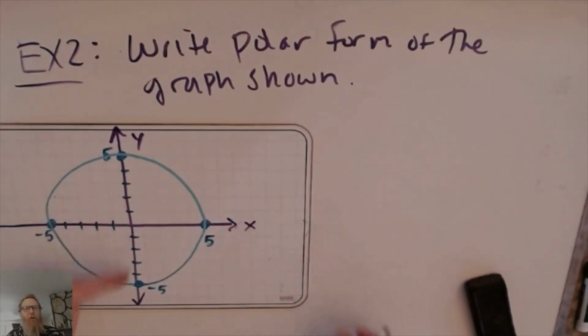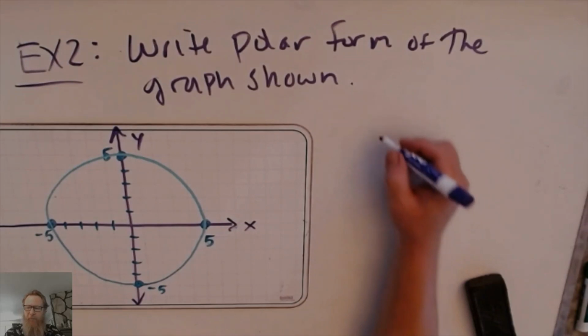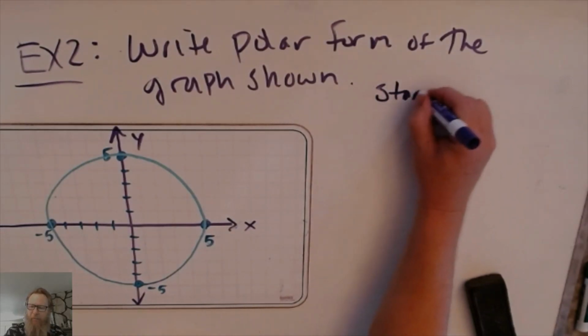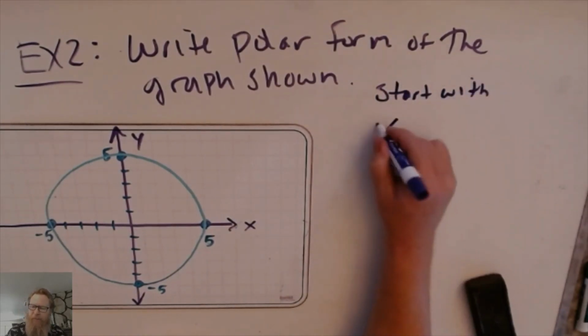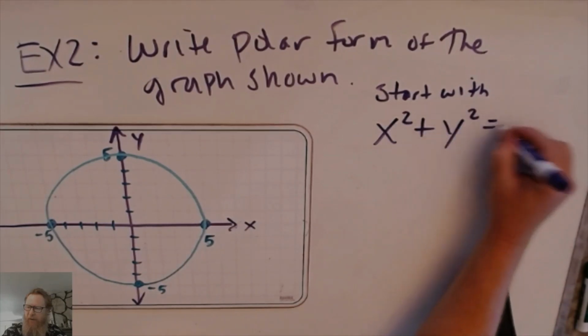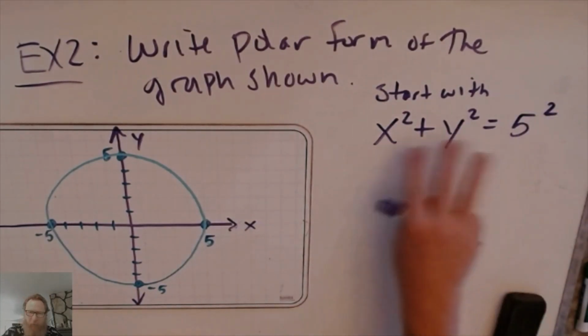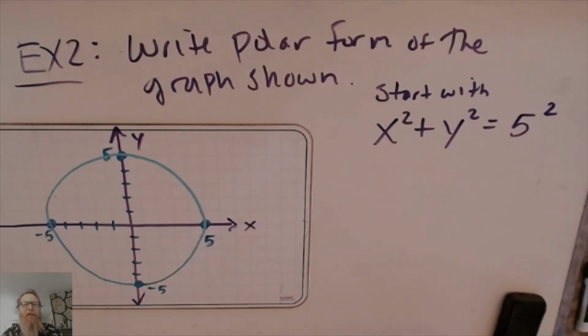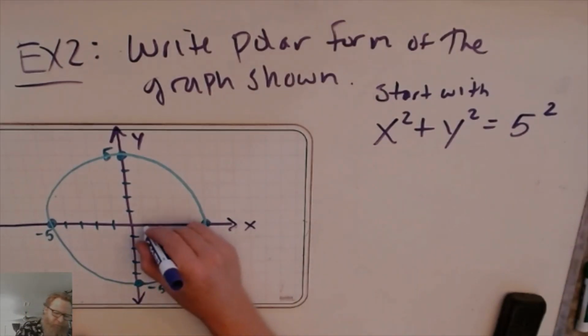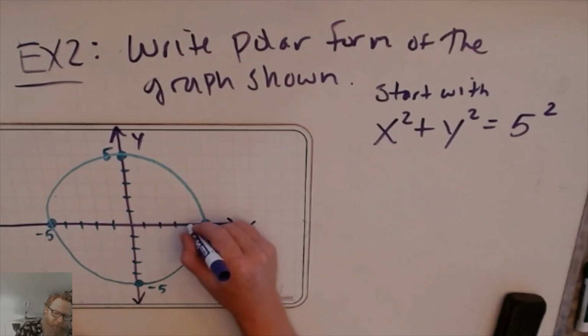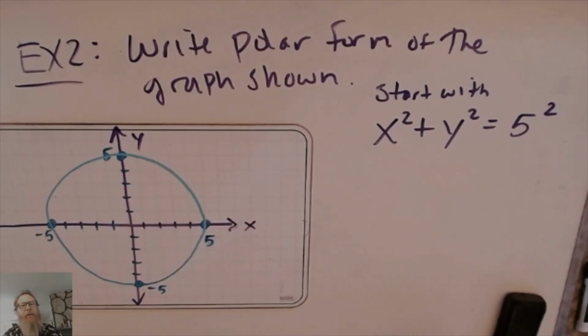So what's the polar form of this equation? We'll start with the rectangular form. X squared plus y squared equals 5 squared. You might need a little refresher on your equations of circles from maybe intermediate algebra or something like that.